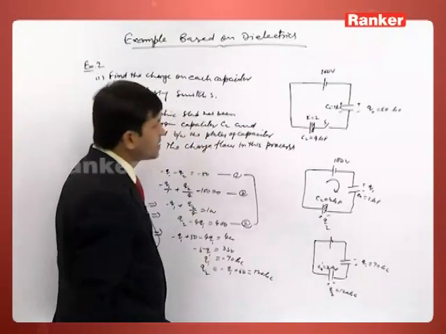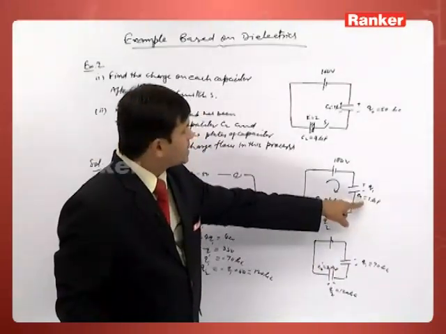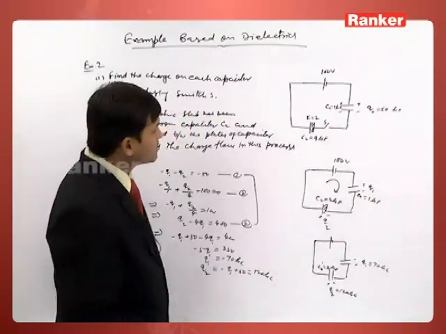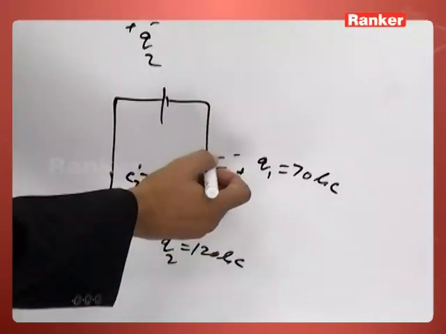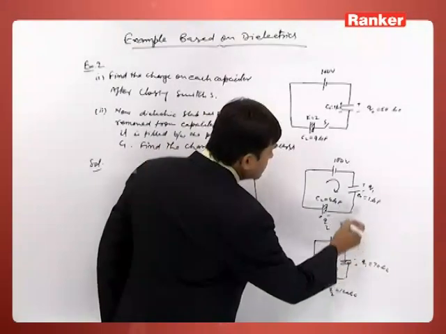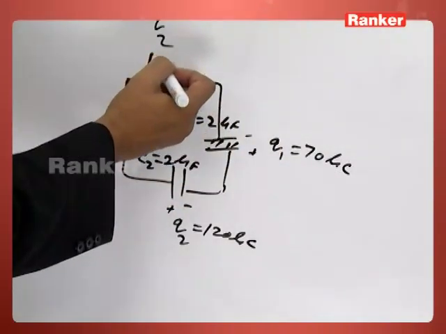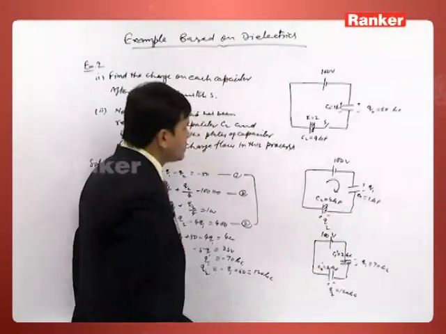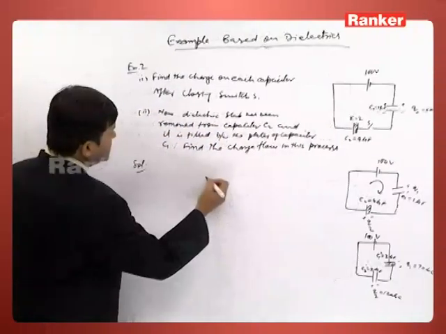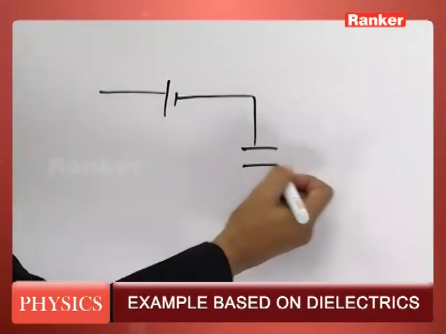microfarad, and now it has been filled in C1. C1, which earlier was 1, because of the dielectric slab, the new capacitance C1 dash will be 1 into 2, 2 microfarad. So now the new charge distribution we want here. See, let the new distribution of charge be like this.